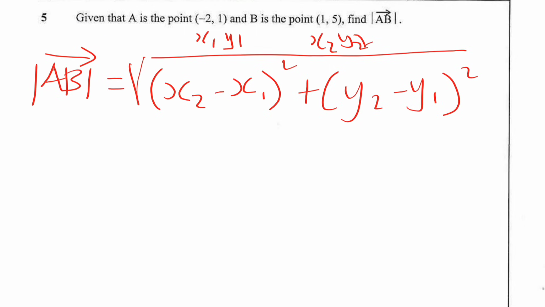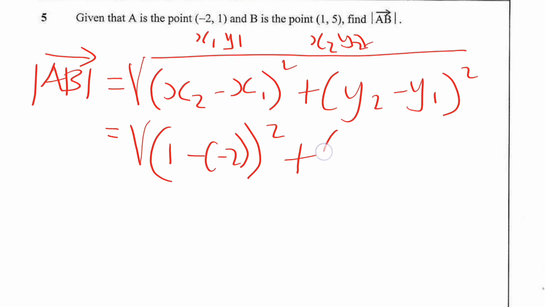Now let's substitute and calculate. The square root of x2 is 1 minus x1 is negative 2, so the whole of this is squared, plus y2 is 5 minus y1 is 1, squared also.